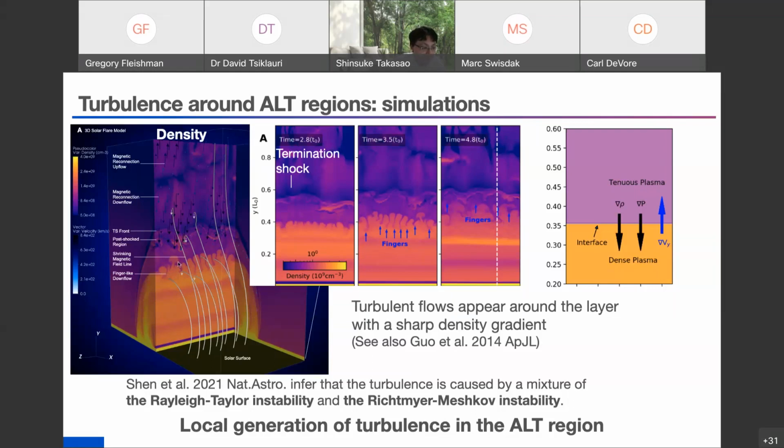And this is the density profile of this plane, highlighting this interface region. We see the development of the finger-like structures creating the dark voids.